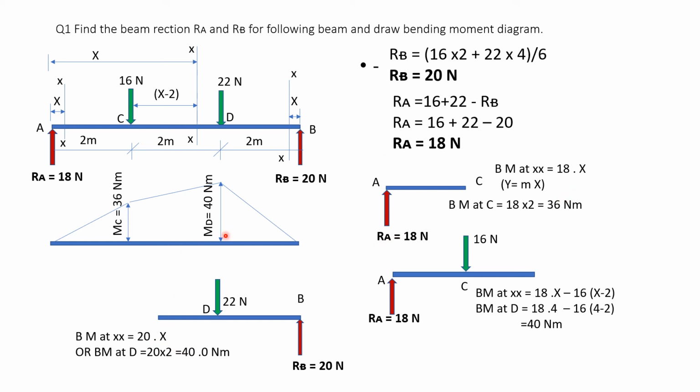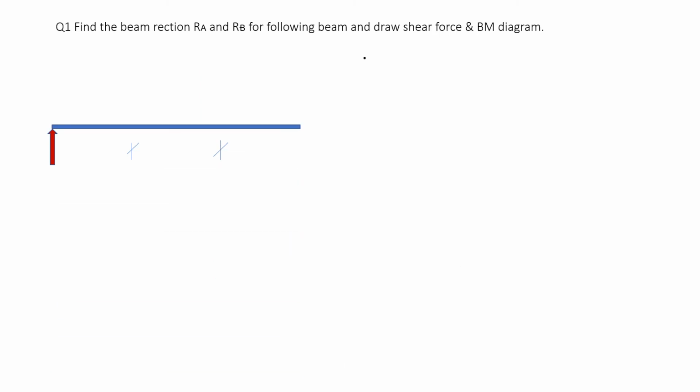Are we going to do all this? The answer is no. We really don't have so much time in the exam. So how to do it? Very quickly, let us see.